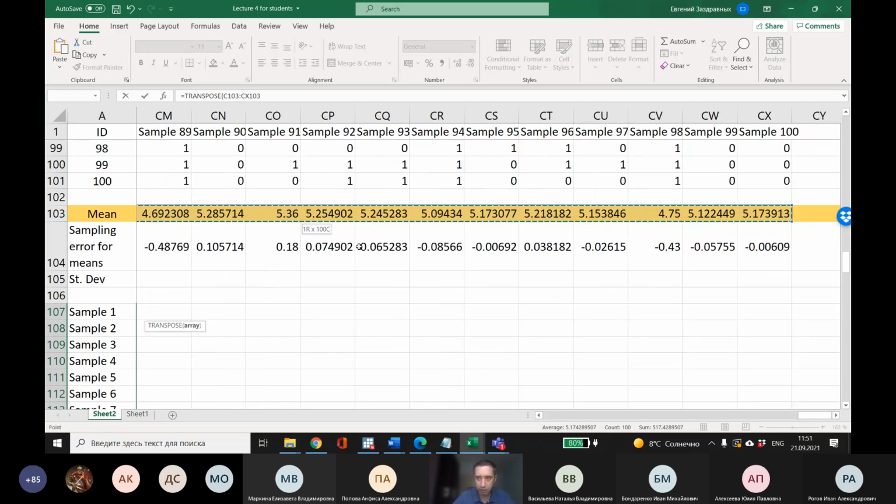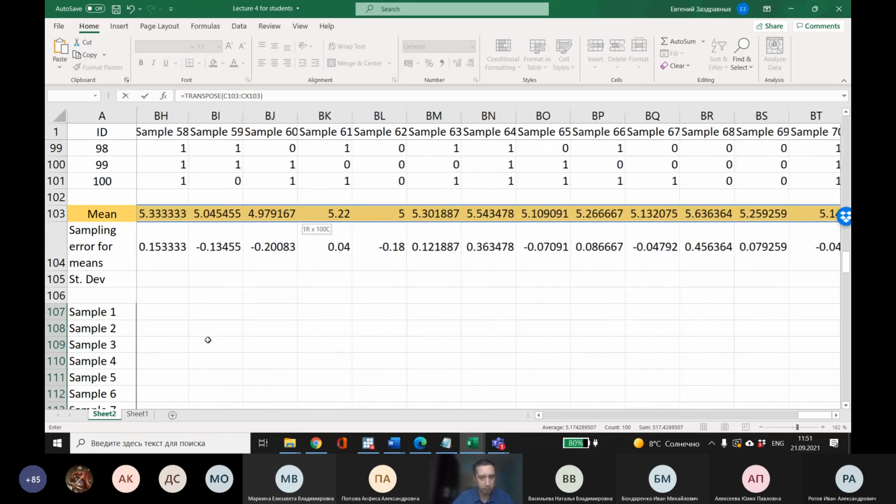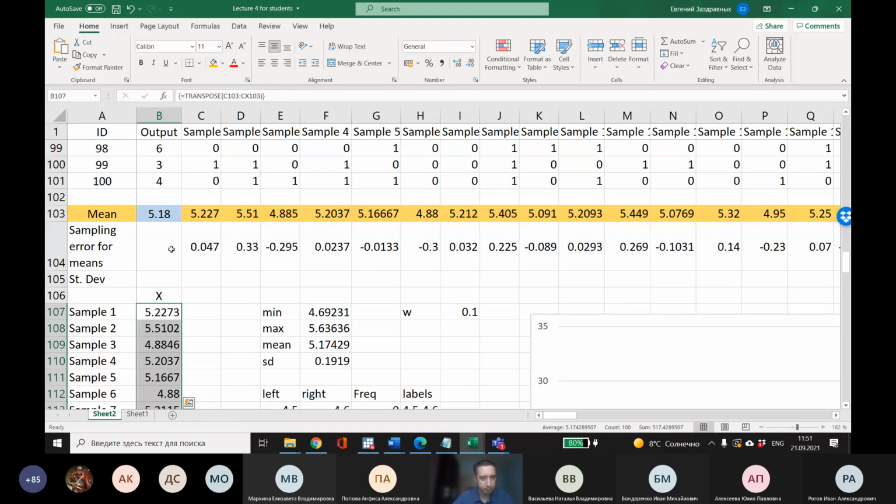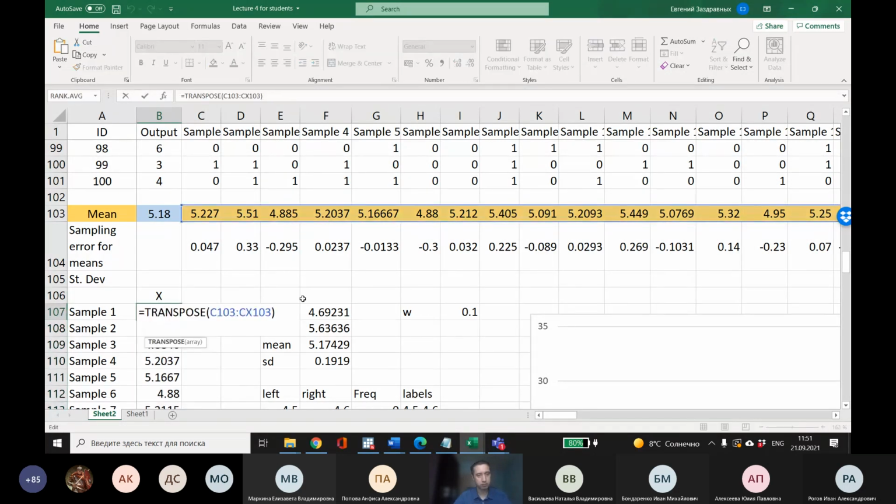Ctrl+Shift+right arrow to select the whole sample. And the final thing, you should press Ctrl+Shift+Enter to fill all empty cells. Well, please use this formula and transpose our data.